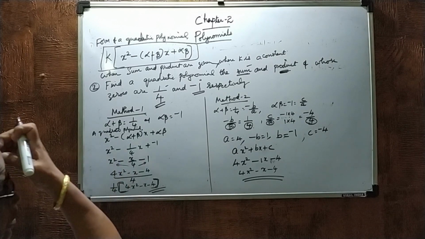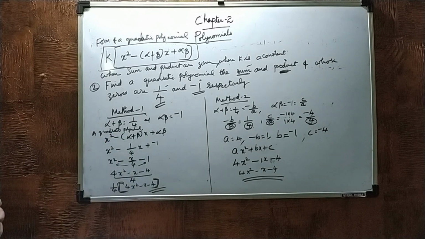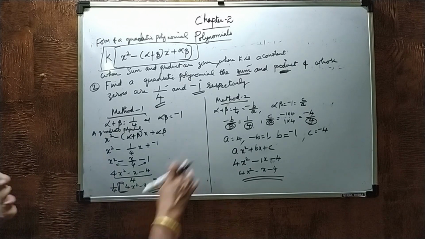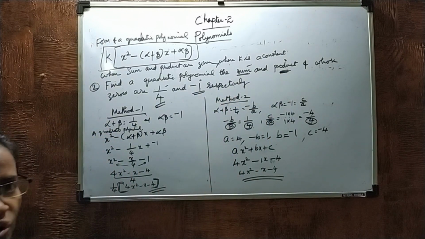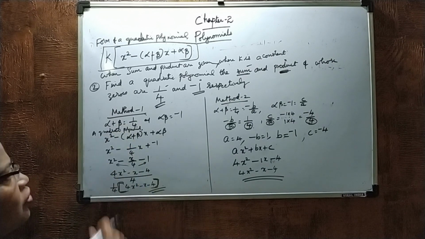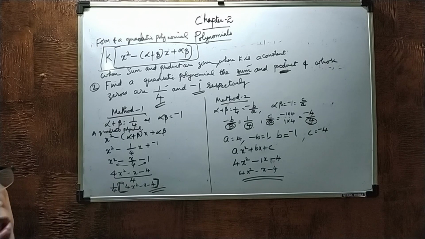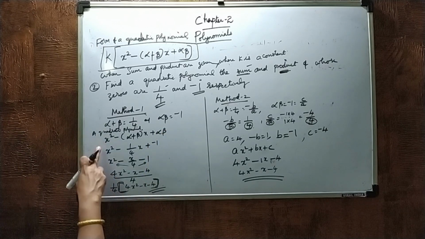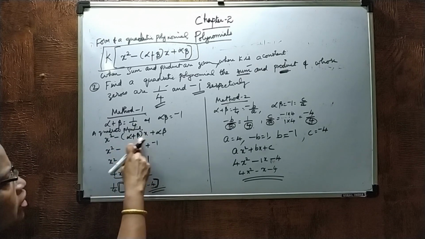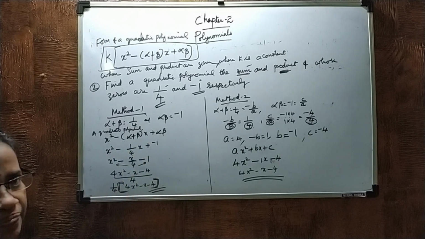You have to take method 1, alpha plus beta. Don't think that 1 is alpha and 1 is beta. No, they have given you that the sum is 1 by 4 and the product is negative 1. Sum means the sum of the zeros: alpha plus beta is 1 by 4, and the product of the zeros is negative 1. Now apply the format of the quadratic polynomial using this alpha plus beta.